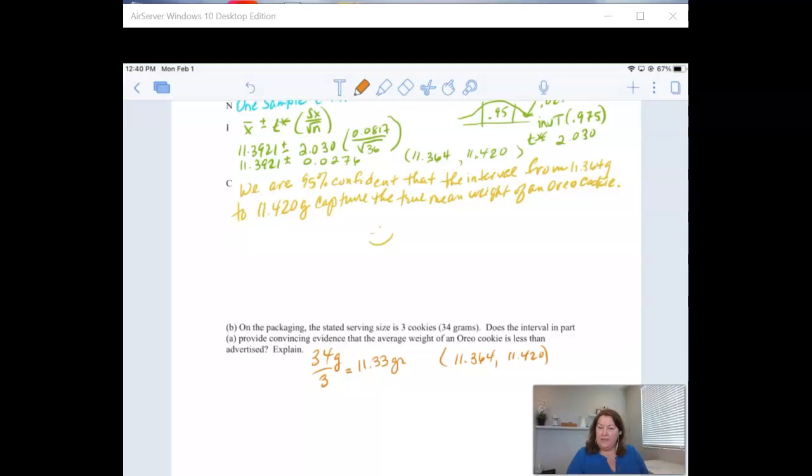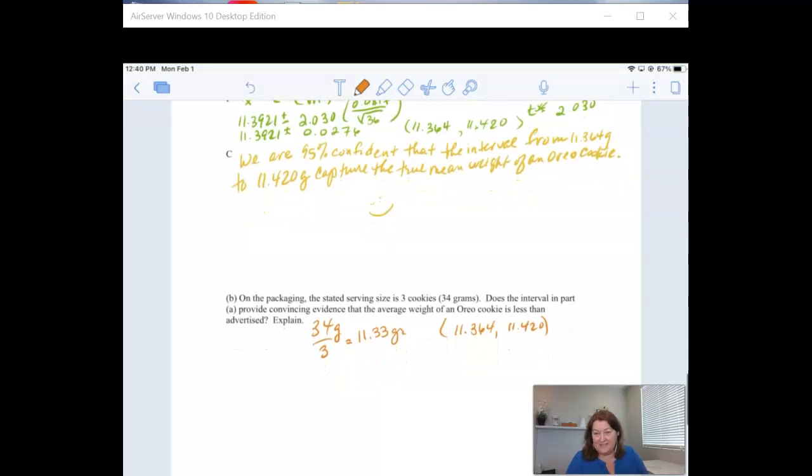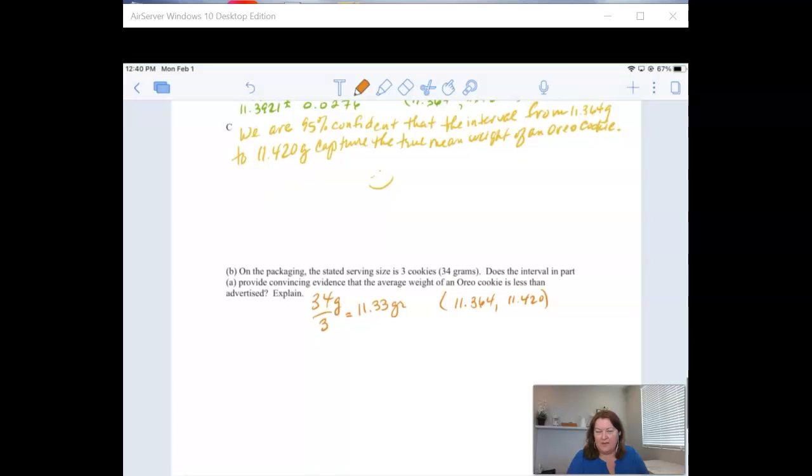Remember, the interval is where we think the true actual weight of an Oreo cookie is. Well, their own box is saying it's less than that. So that's a problem, right? Or is it? So we think the true mean weight is between 11.364 grams and 11.420 grams.